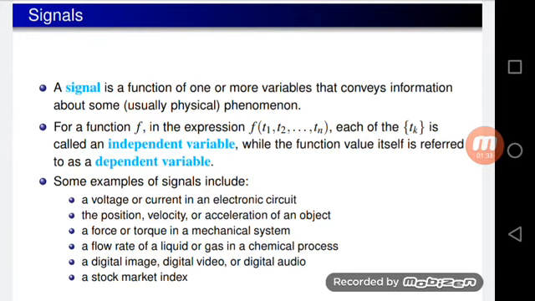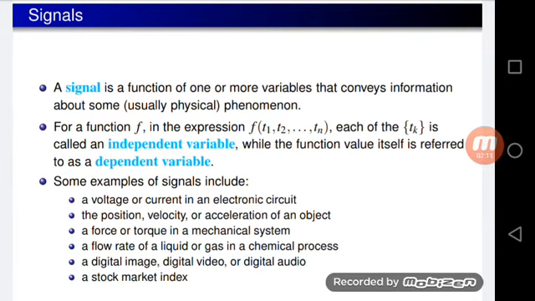For a function f in the expression f of t1, t2, up to tn, each of the tk is called an independent variable. t1, t2, up to tn are independent variables, and the function value is the dependent variable. That means it depends on some variables.